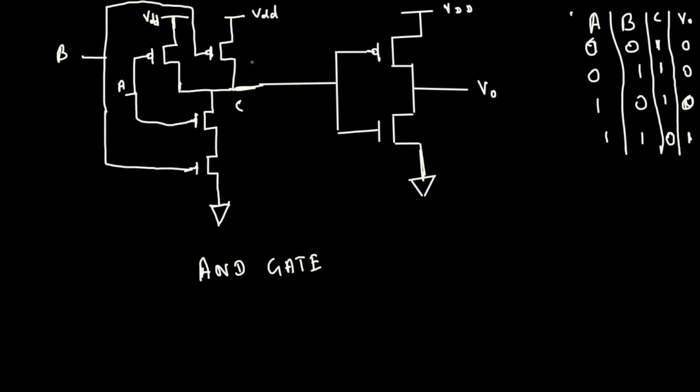For the OR gates, you have to attach the PMOS in series and NMOS in parallel. Okay, you have to do the opposite. It doesn't matter if it's 1, 2, or 3, whatever. If you want the NOR gate behavior, you have to attach the PMOS in series and NMOS in parallel.